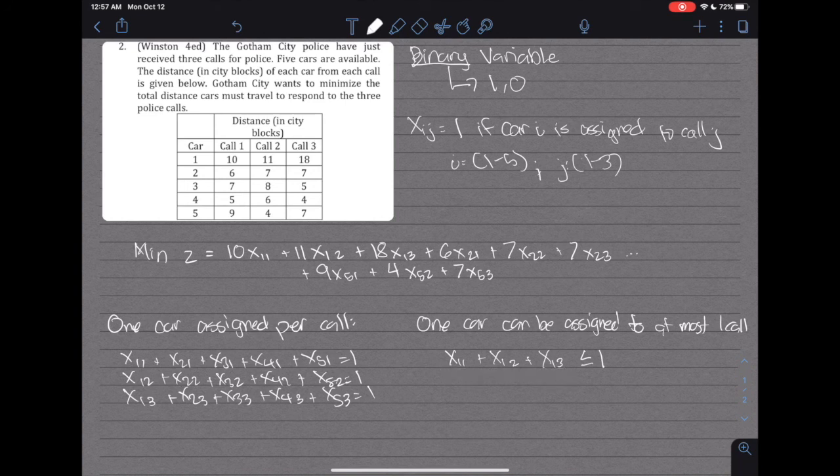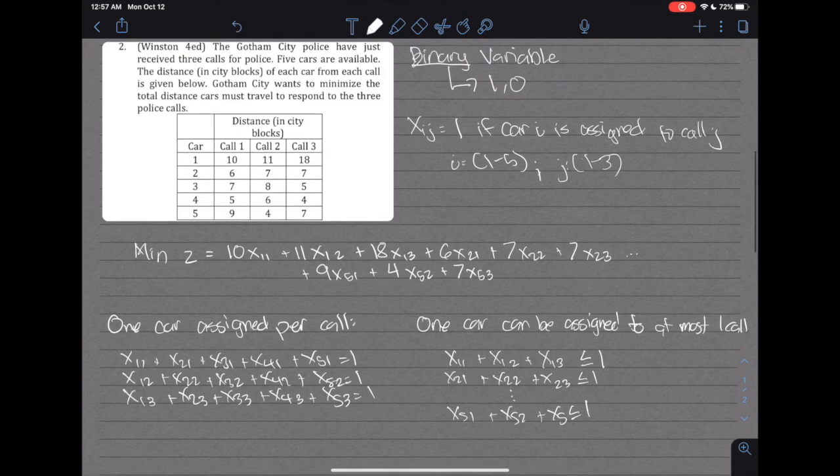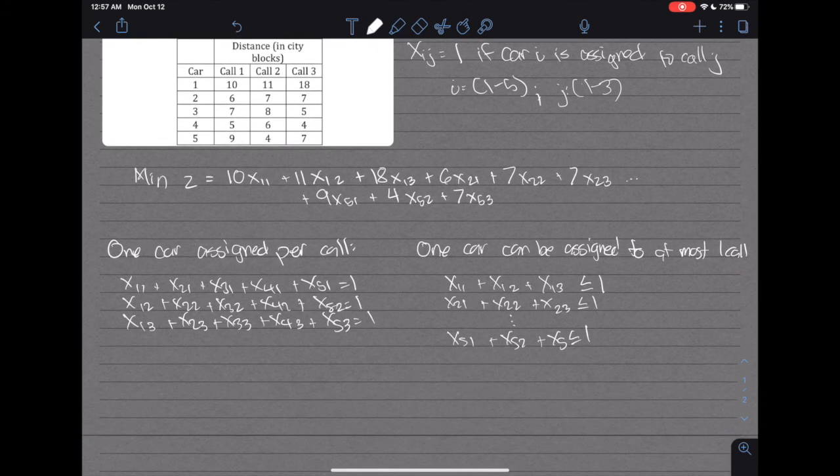We just copy the rest of the constraints for the other cars. x21 plus x22 plus x23 is less than or equal to 1. In the interest of time, I'll do the last one: x51 plus x52 plus x53 is less than or equal to 1. Those are all the important constraints, and now our technological constraints.